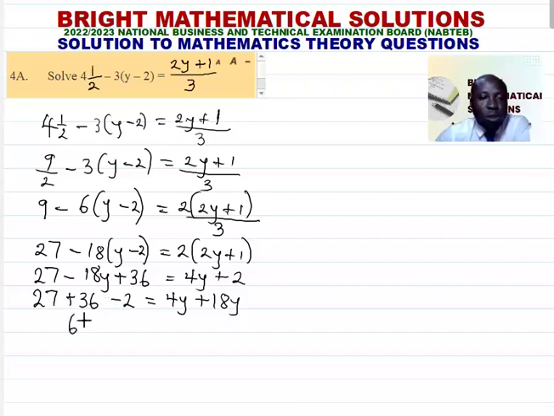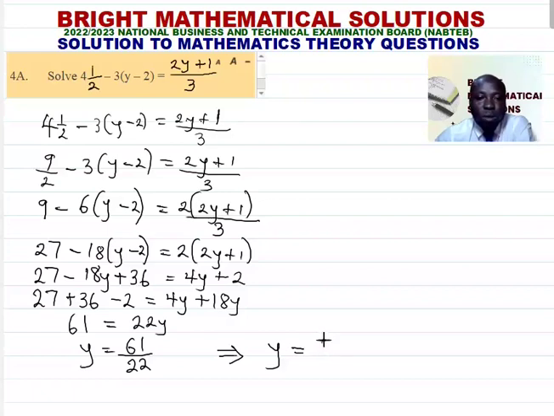That gives us 61 equals 22y. So y can now become 61 all over 22. So we can rewrite this to be y equals, and that will give us 2 and the fraction 17 over 22.